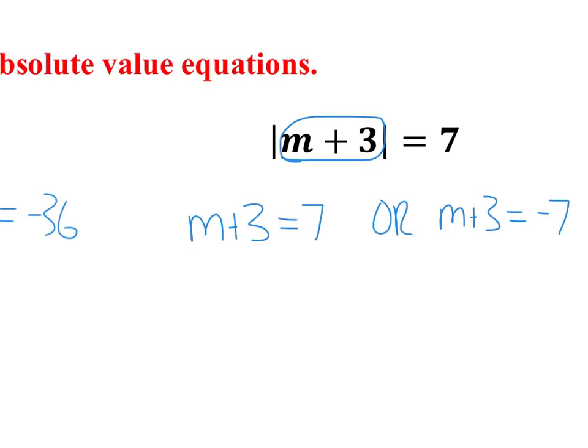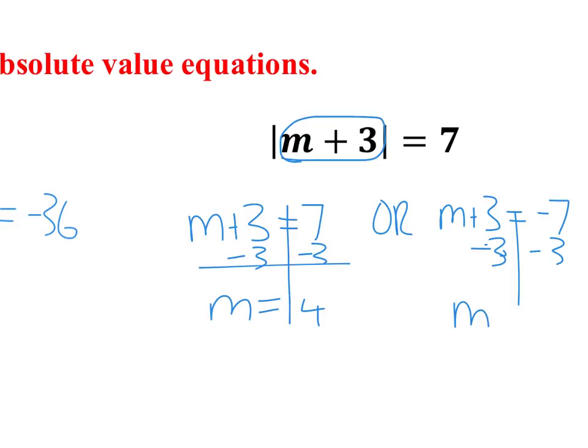So we have to solve them both. It's similar to one of those inequalities that has an or, where we solve two things. So I subtract 3. My first answer could be 4, or I subtract 3 over here, and my second answer would be -10. So m could be 4 or m could be -10. Both would make this equation true.